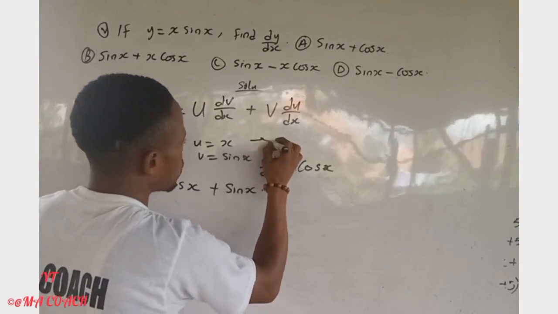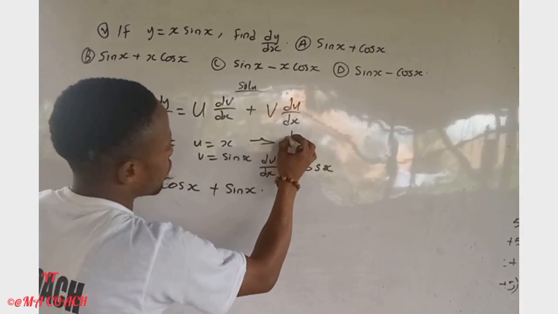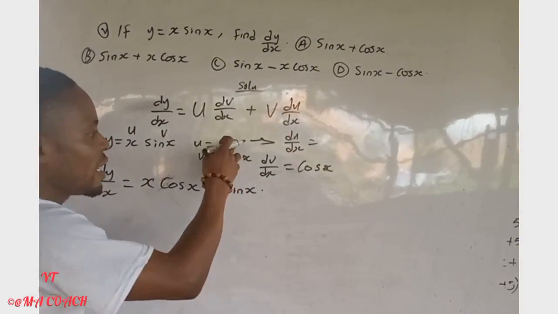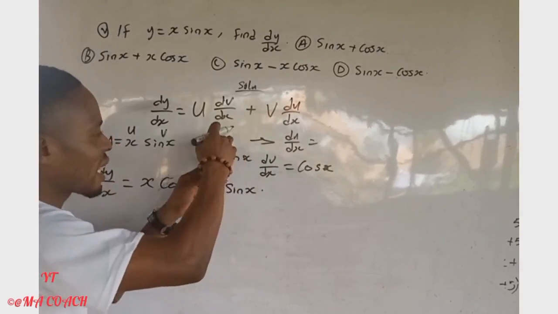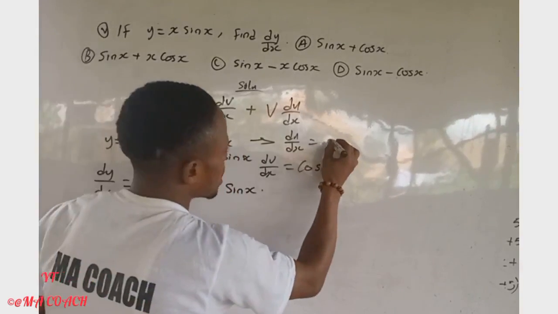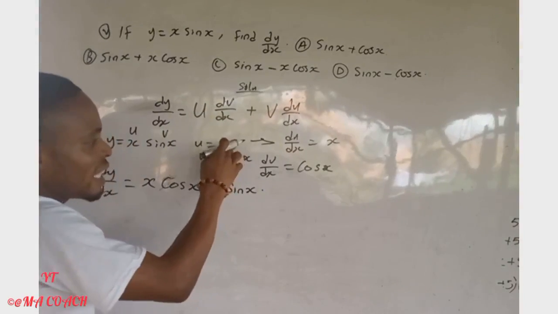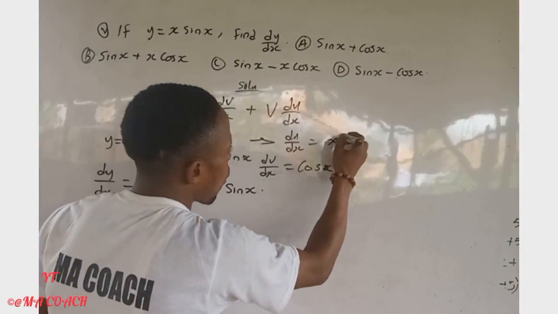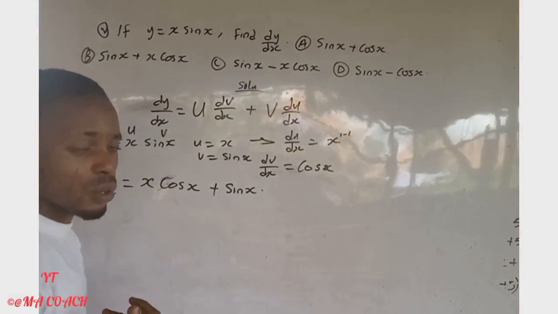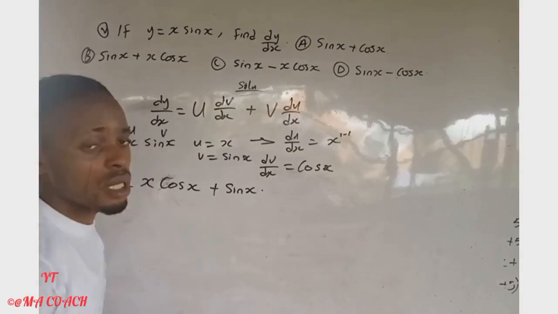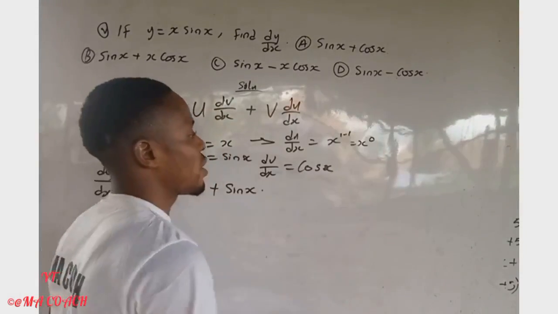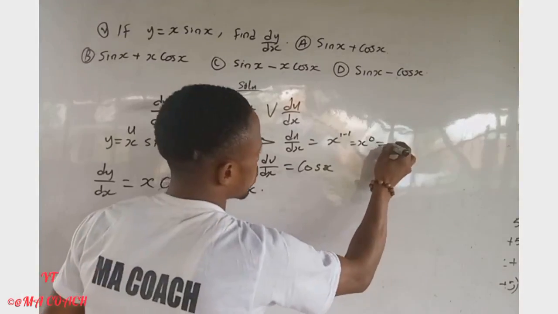To differentiate u with respect to s, we have du ds equal to: the index here is 1, so 1 times 1 gives us 1, and s to the power of 1 minus 1, according to the general formula from the first video. 1 minus 1 is 0, so we have s to the power of 0. Anything to the power of 0 is 1. So it is equal to 1.